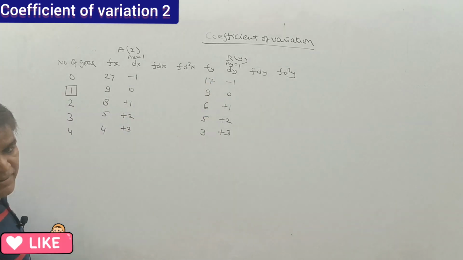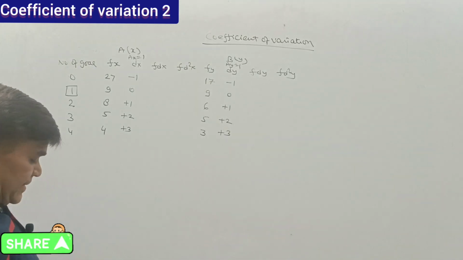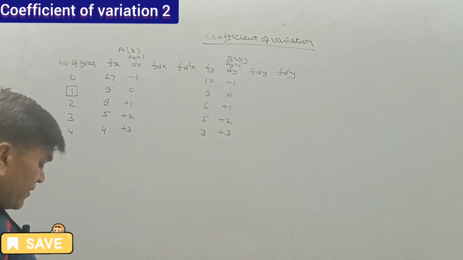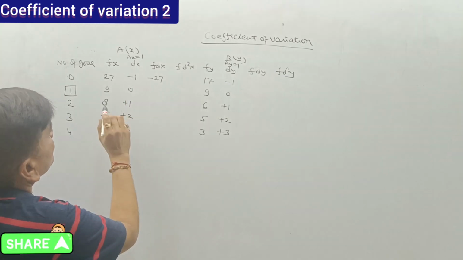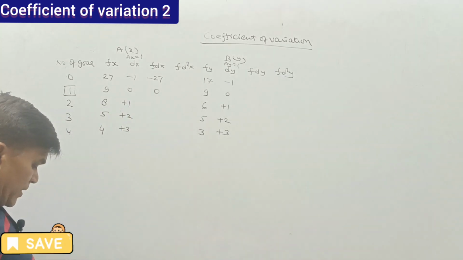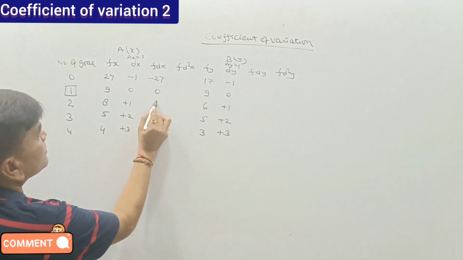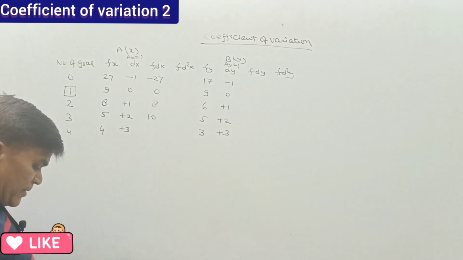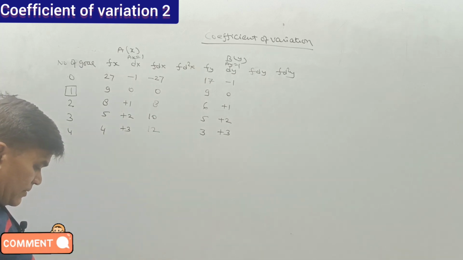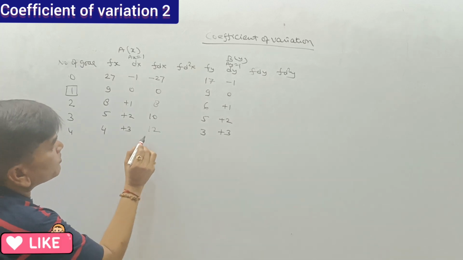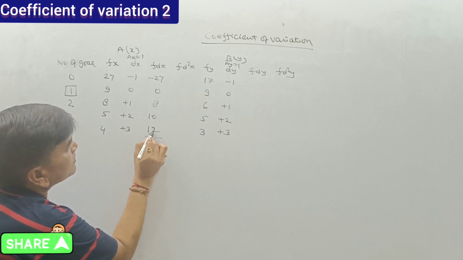The very first, f dx: 27 minus 1, 0, 8 is a plus value, 10 is also a plus value, 12 is a plus value, so plus 3.